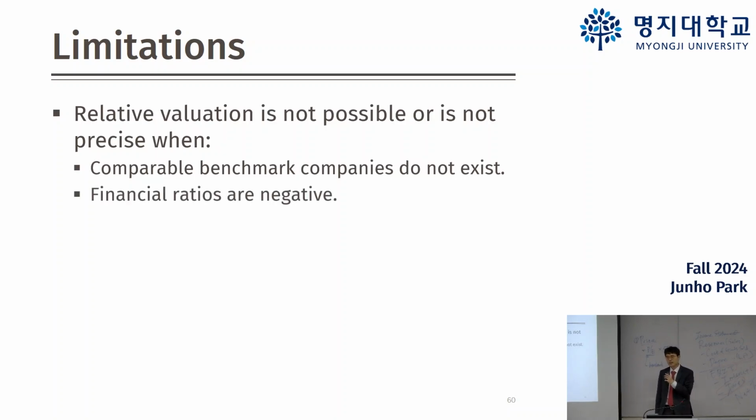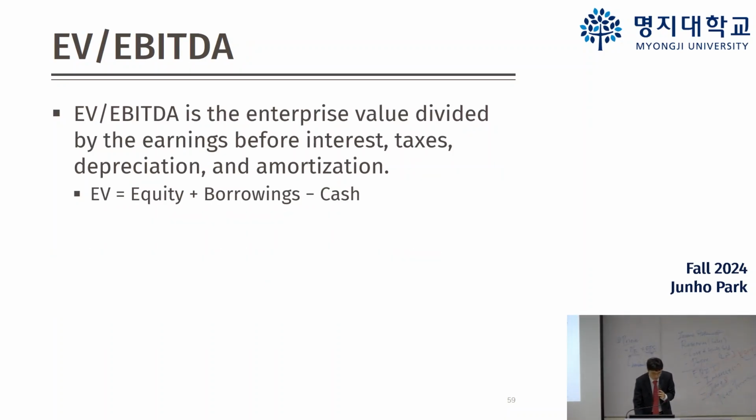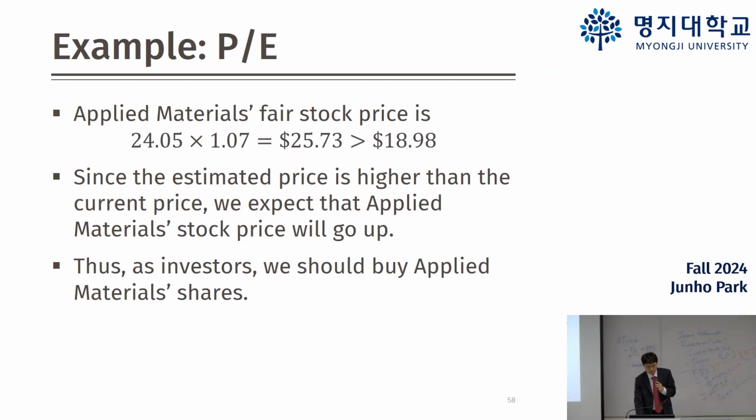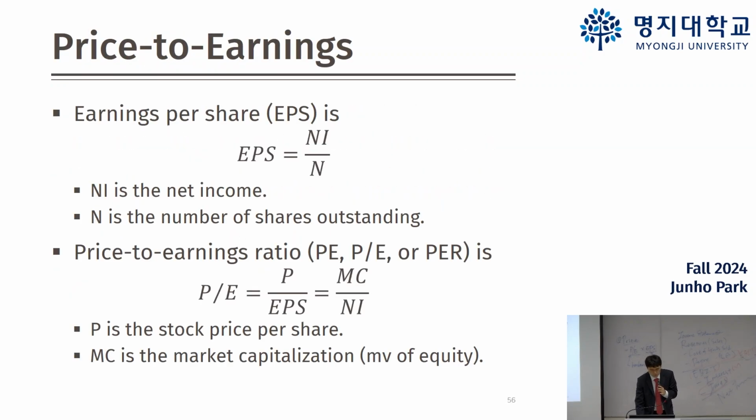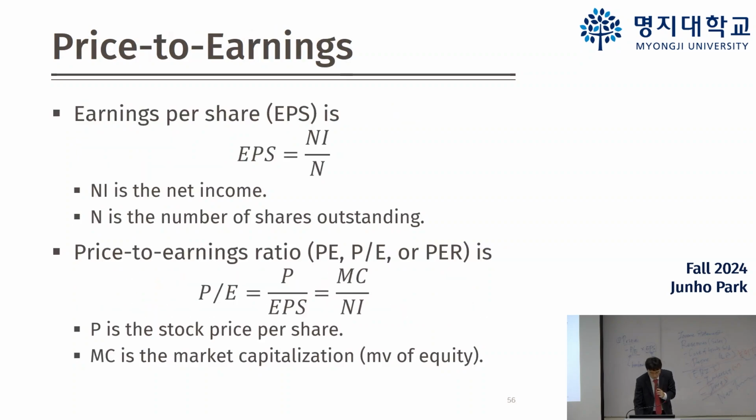And second, sometimes some financial ratios or performance measures are negative and you cannot use the relative valuation to get meaningful results. So let me go back to the previous example of the price to earnings.